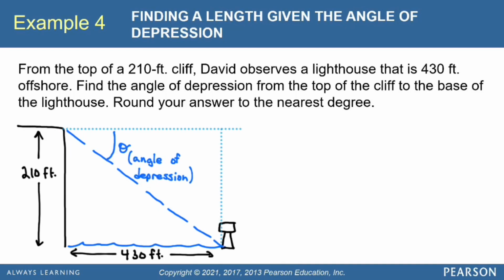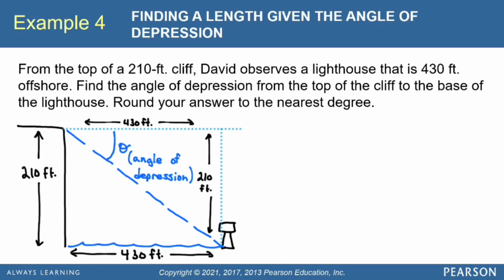But another way of looking at it is to draw an imaginary vertical line here, and that puts our angle of depression inside this imaginary triangle. And we can know that the vertical side is 210 feet because that's the same as the height of the cliff, and we can know that this horizontal side is 430 feet because that's the same as the distance offshore.